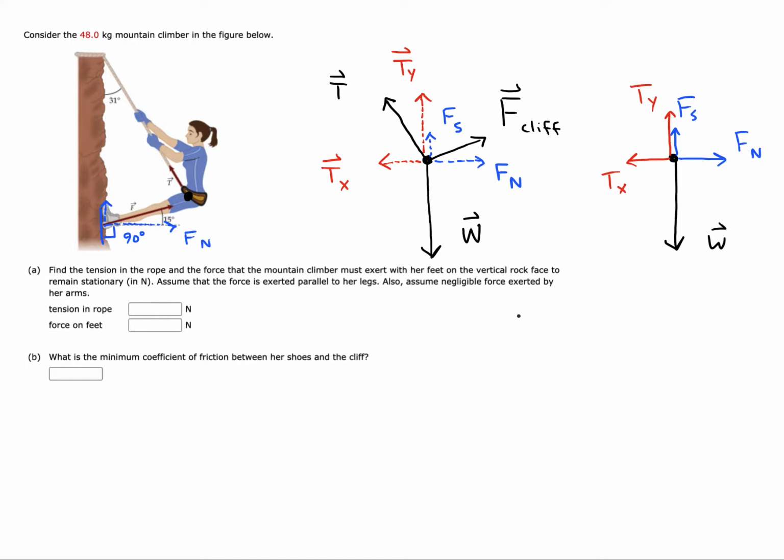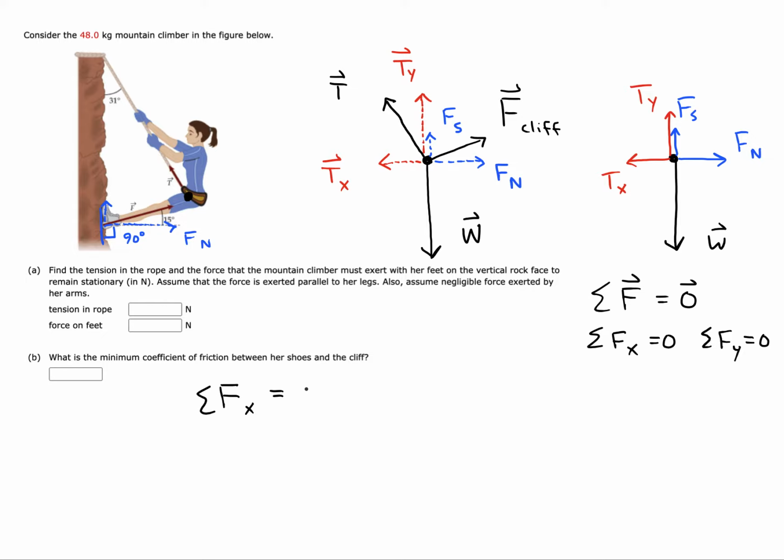Alright, those are the forces that we want to sum together. And so for any equilibrium problem where someone's at rest like this, according to Newton's first law, the sum of the forces has to be 0. And that means that the sum of the forces in the x direction is 0, and the sum of the forces in the y direction is 0. So let's set up a calculation for the sum of the forces in the x.